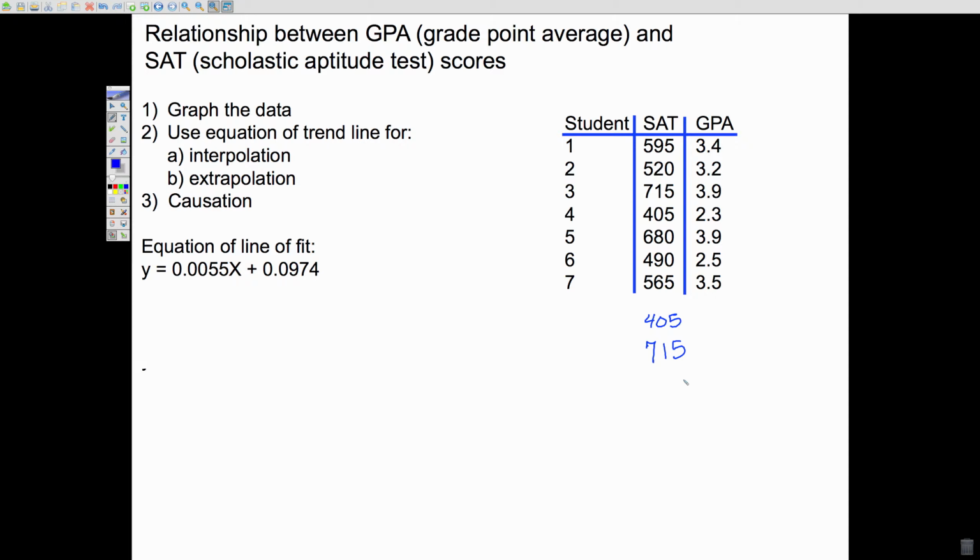So for instance, what if someone had an SAT score of 500? What might we predict their GPA would be? And if someone had an SAT score of 420, what would we predict their GPA is? Since these values of SAT are in between SAT scores that are already on the table, we call this interpolation.